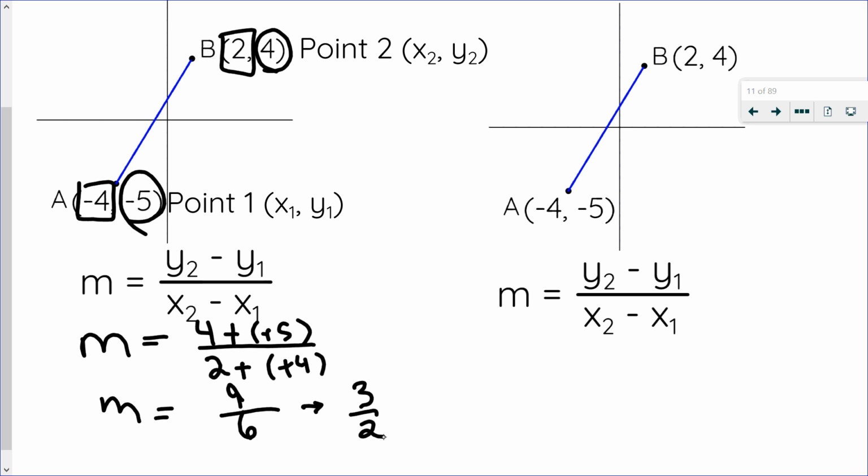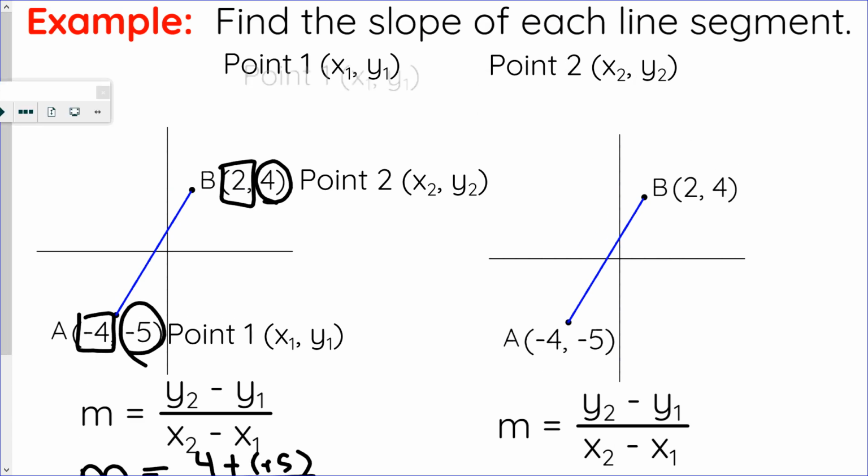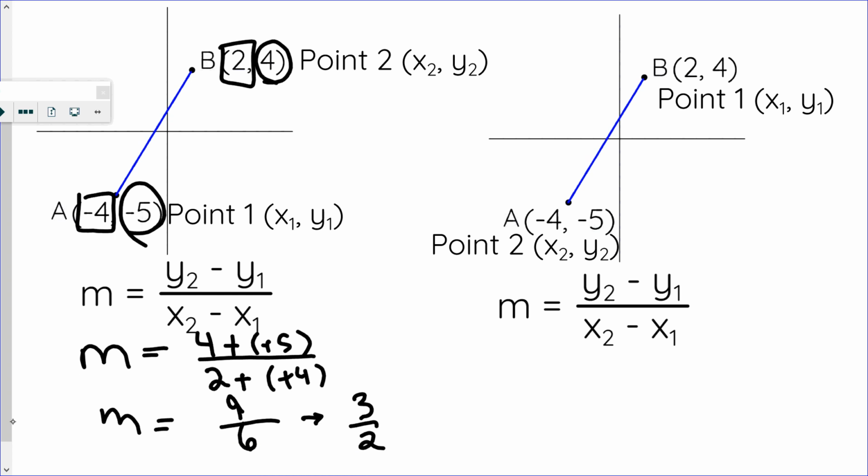But I just want to check it out and see if it would be the same if I flipped those points around. So what if I called this one point 1 and this one point 2? Would I get the same slope? So let's check. So I'm going to do y2 minus y1.